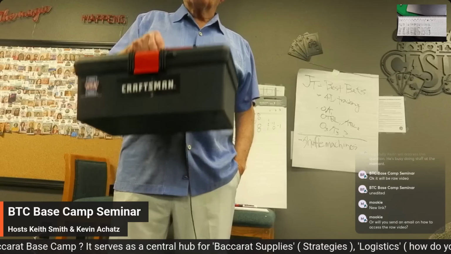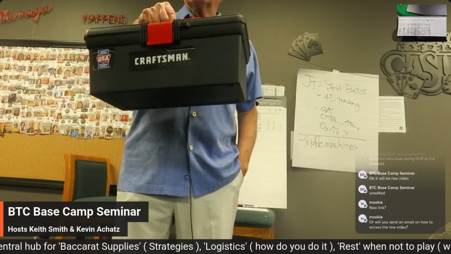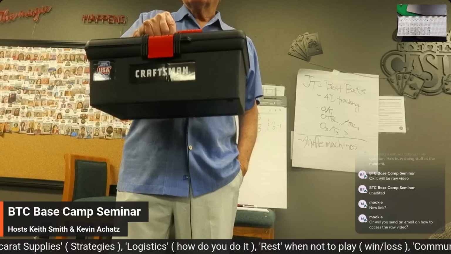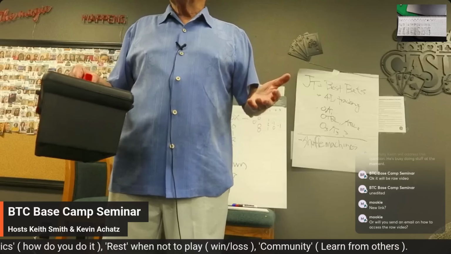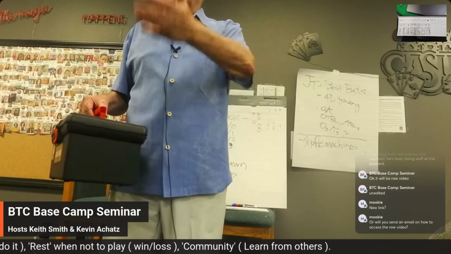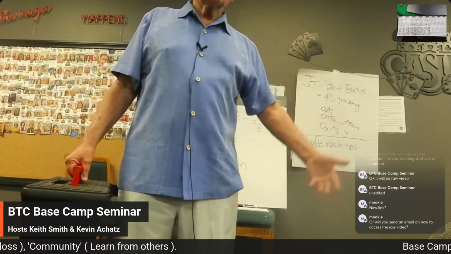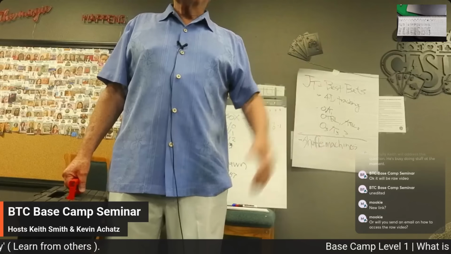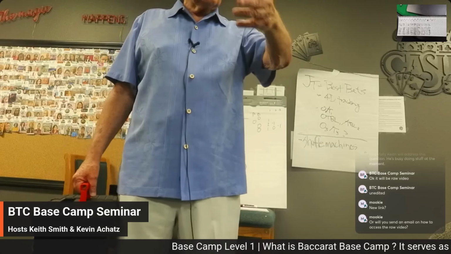So does everybody know what a Craftsman toolbox is? I've used this at probably the last 8, 10 seminars we've done, okay? The idea, and she just touched on it, is you've got to have more tools than just 4D or V87 or NOR. You need the derived roads, you need the 10 best bets. You need what we're going to talk about, GBO9, the 3 strategy.